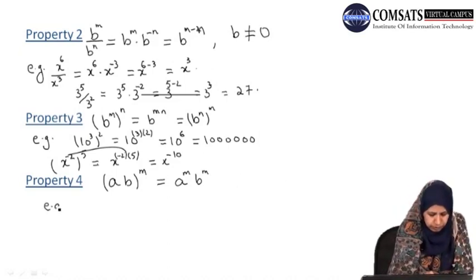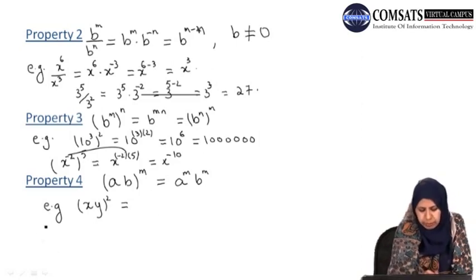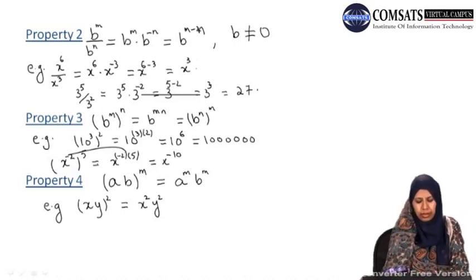For example, if we have two unknowns, x and y whole square, then we can simply split the power on each term of the product. That is, splitting the power on x and on y, we obtain x square y square.